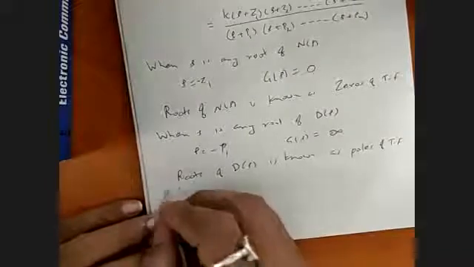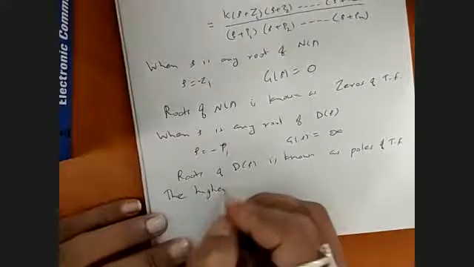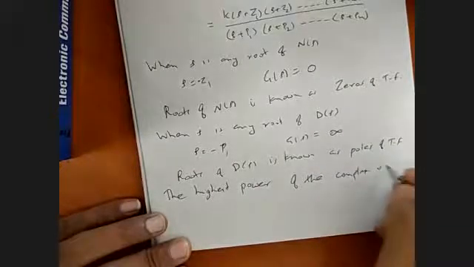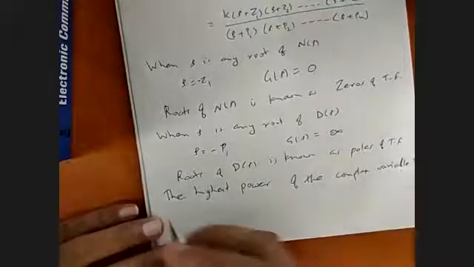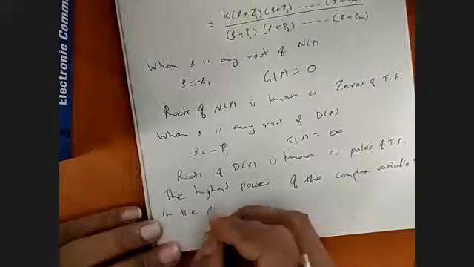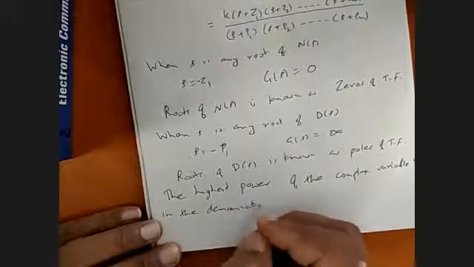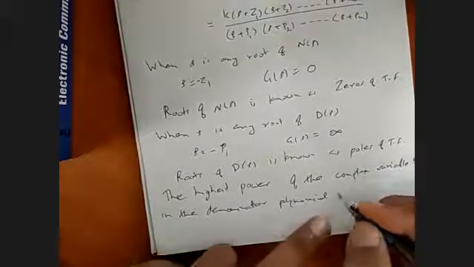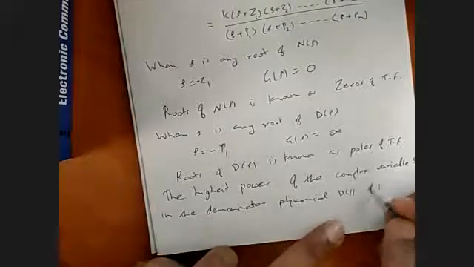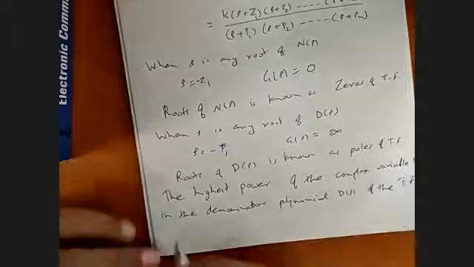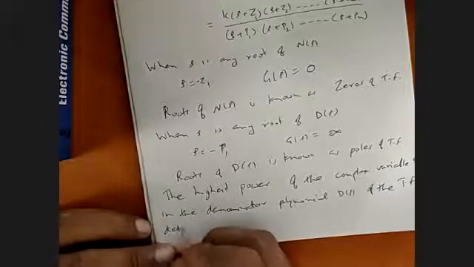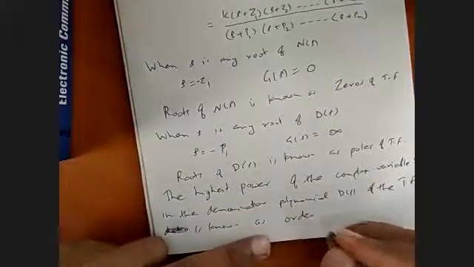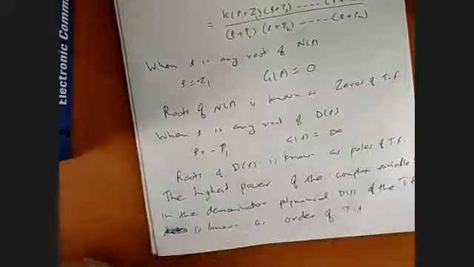And the highest power of the complex variable s in the denominator polynomial D(s) of the transfer function is known as order of transfer function.